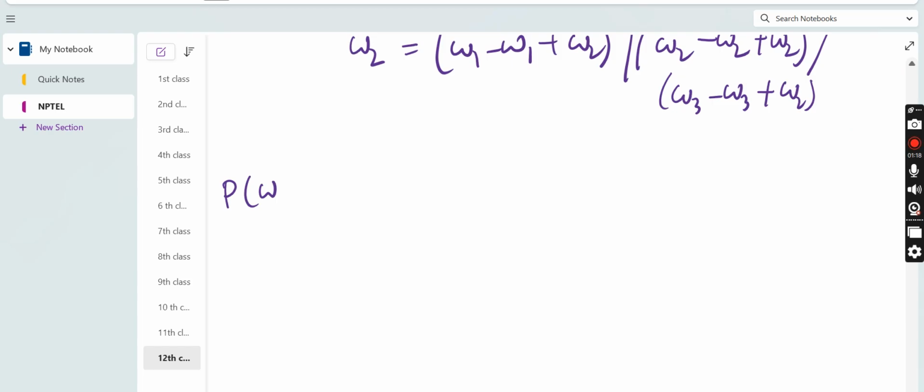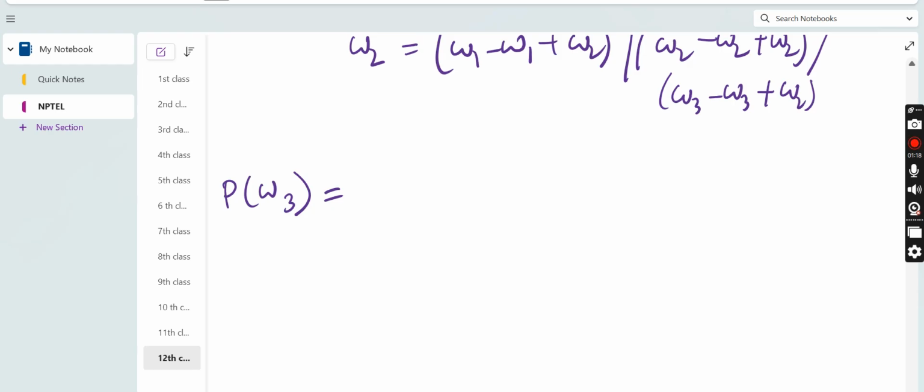The third part is the polarization for the frequency omega 3.